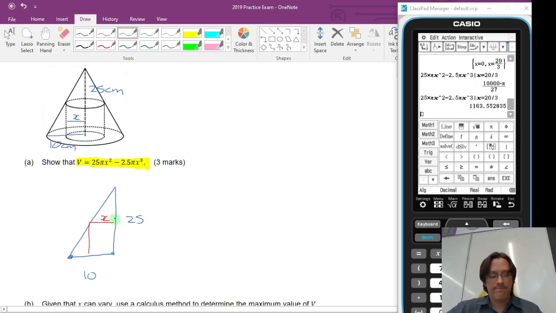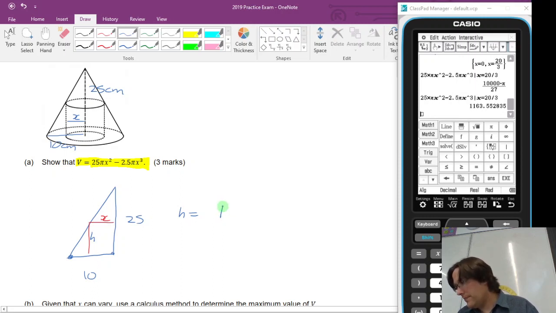So this height here, if we know an x, the height is going to be that x divided by 10 times 25. Not quite. I'm just going to look at the answers.